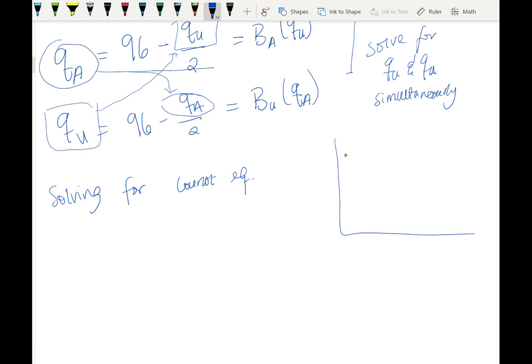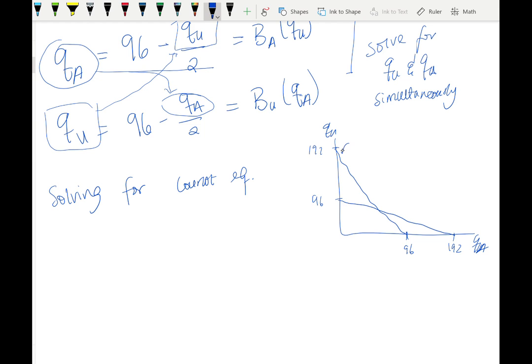If we were to draw this visually, this is QU, this is QA. We would have 192 and 96. All I'm doing here is drawing the endpoints for these best response functions.